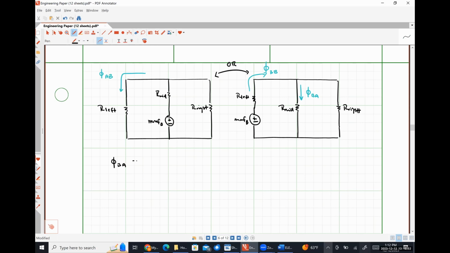So the flux phi BA that we're looking for is going to be the flux phi BB multiplied by the reluctance of the right-hand branch divided by the reluctance of the middle branch plus the reluctance of the right-hand branch.